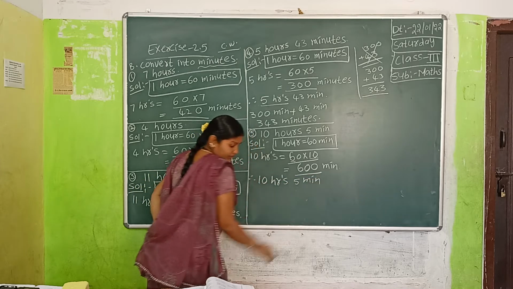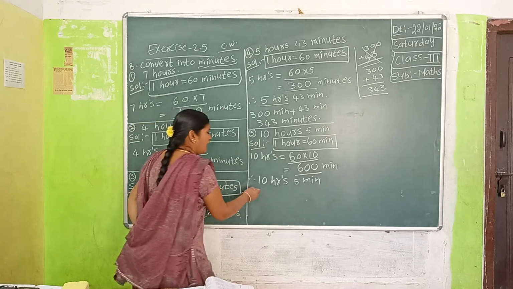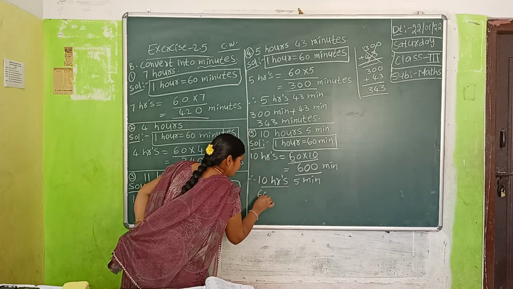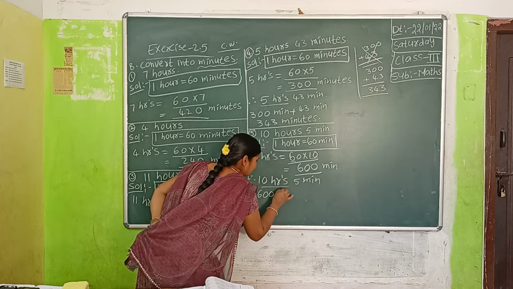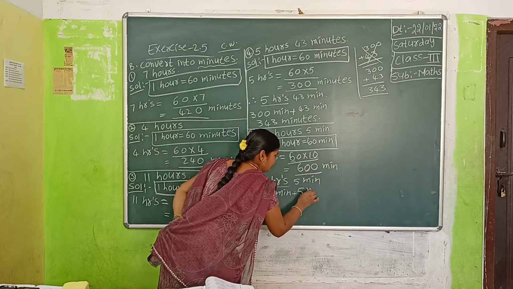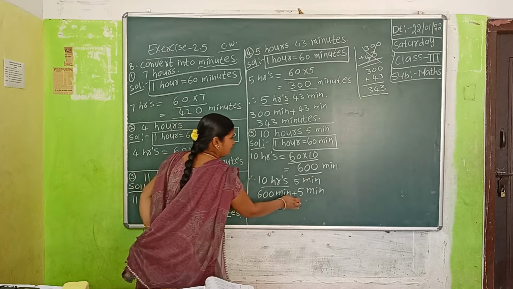10 hours 5 minutes only now. In the hours place I am taking the minutes value, 600 minutes. Now this one is in the minutes unit. This one is also in minutes only. I am going to add this to 600 plus 5.